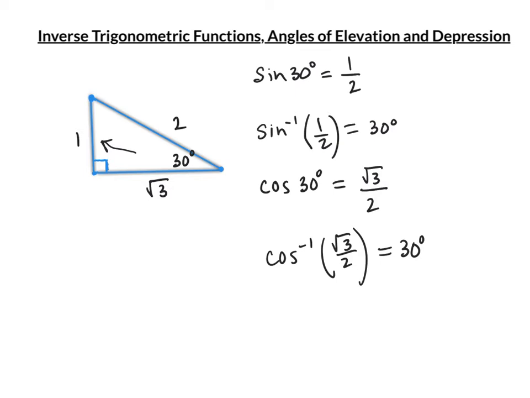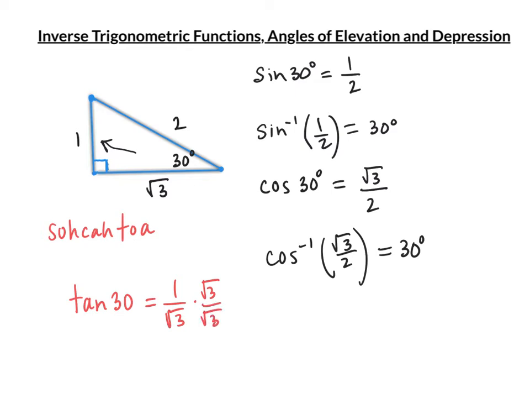And lastly, the tangent of 30 degrees. It's opposite over adjacent, which would be 1 over √3, which, by the way, we normally rationalize. We multiply by √3 over √3.